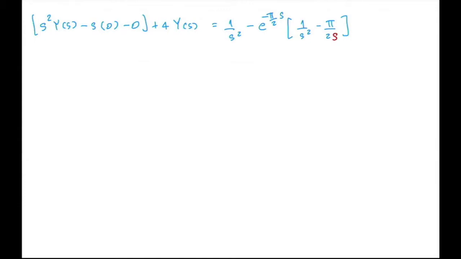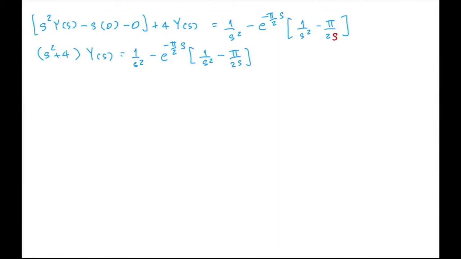Okay, cool. So we have here s squared Y(s). Let me pull out s squared plus 4, and here we have Y(s) equals 1 over s squared minus e to the minus half pi s times (1 over s squared minus pi over 2s).